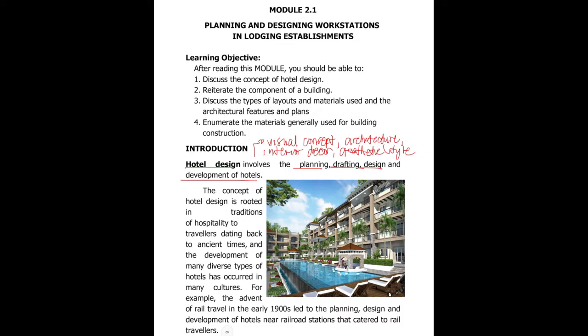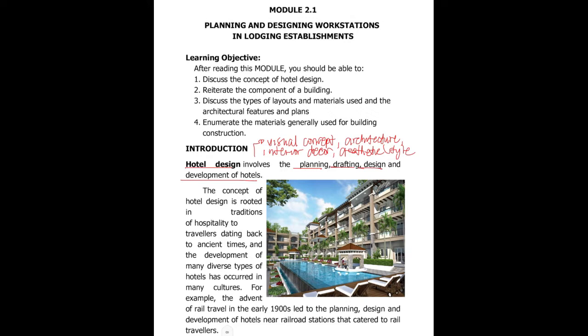So, when we combine everything, planning, drafting, design, and development of hotels focus on what we call visual concept, the architecture, interior decoration, and aesthetic style. Nowadays, designing a hotel is more focused on modernization, contemporary, and cutting edge.